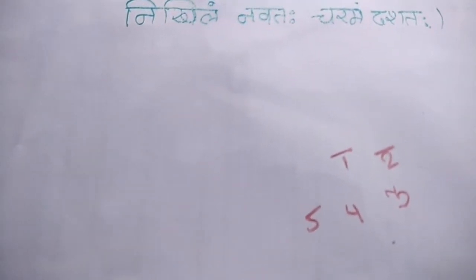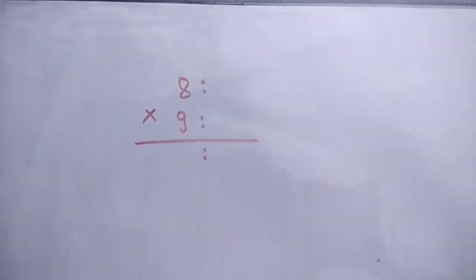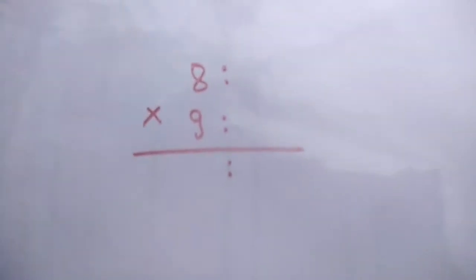Now we are going to start our first formula, Nikhilam Navata Charamam Dashata. Let's start. Now we are going to calculate 8 into 9. I know you all know that 72 is the answer and it is very simple, but we are going with the basics.